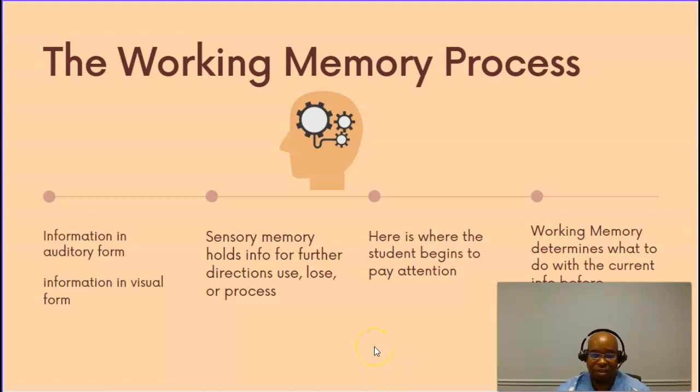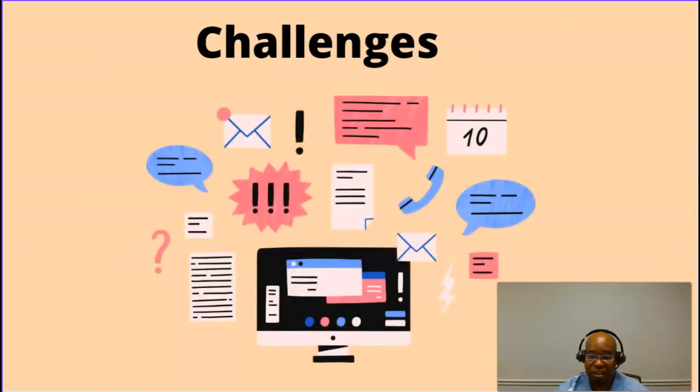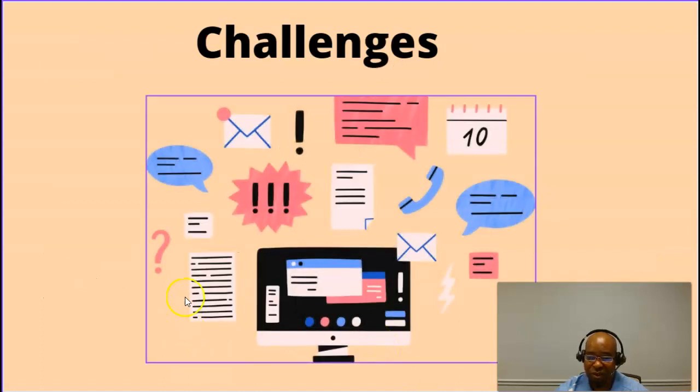So here's the process of the two, auditory and the visual, and what happens, how they go from step to step, just to the working memory. We haven't gone any further because that's all we're covering is the working memory. There are some challenges, especially today. You have all these different things going on at the same time.